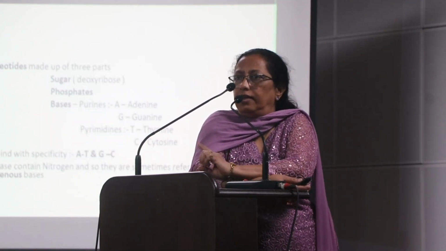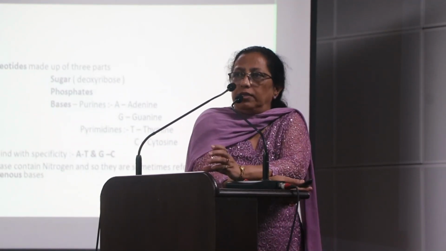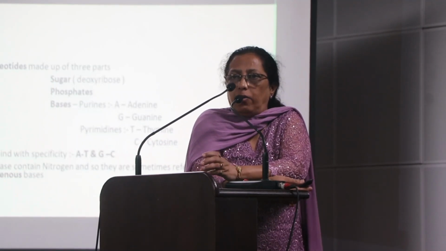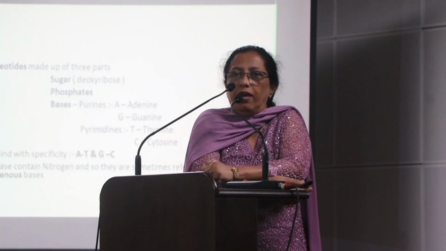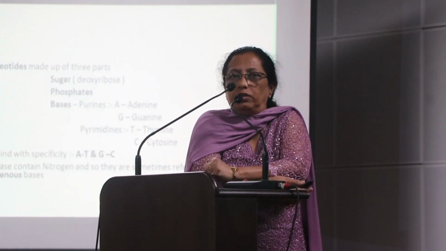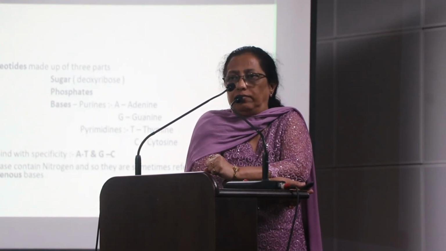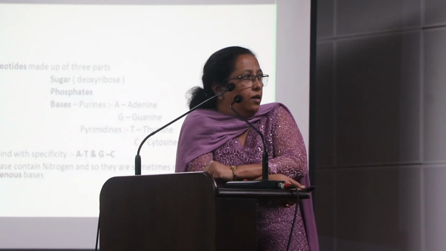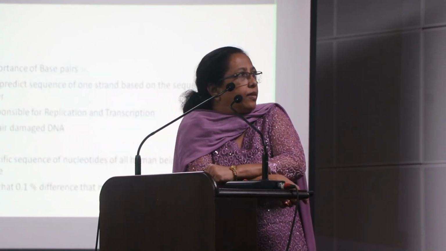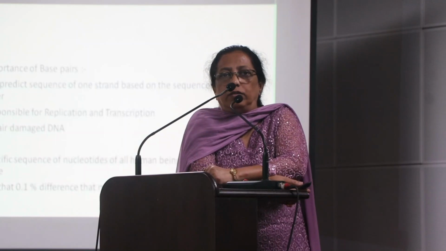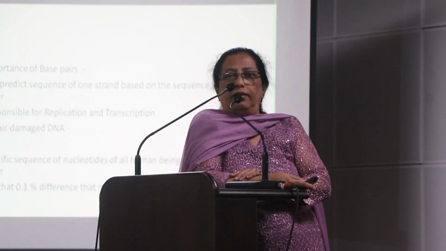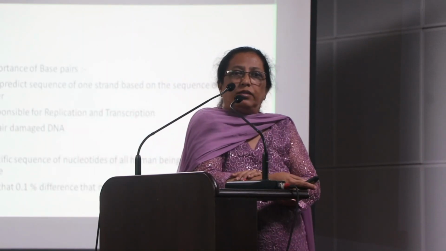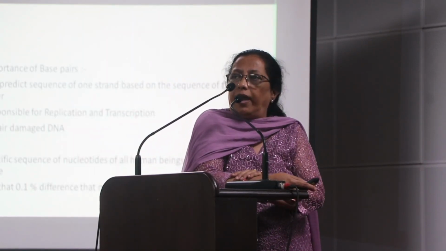And in the DNA sequence, if one part has a sequence which doesn't match with the other strand, then that is known as miscodon or nonsense codon. The importance of the DNA sequence is that one strand is based on its paired nucleotides.